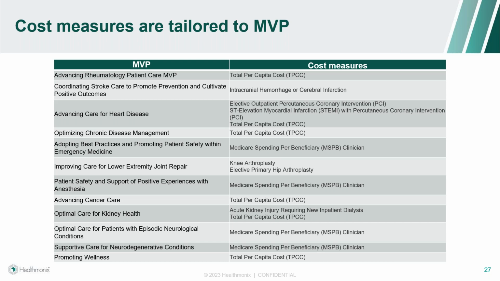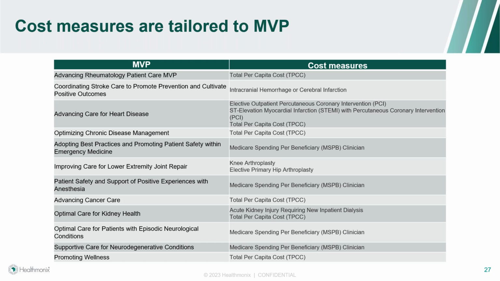If you do an MVP, it limits the number of measures that you're exposed to as a practice. So for instance, if you're doing here the optimizing chronic disease management, the only cost measure associated in 2023 is the TPCC. You're not going to get hit with MSPB. You're not going to get hit with any of the other specialty measures if you have enough attributed patients. So your goal is to really understand TPCC and how you can improve those scores.